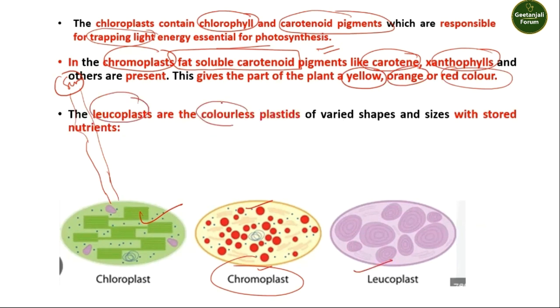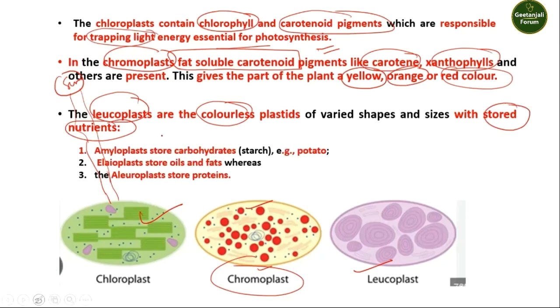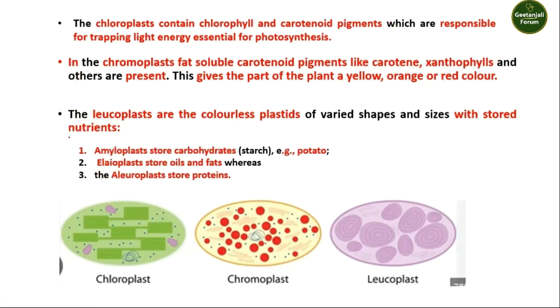They are colorless plastids. They don't have any type of color and they store nutrients. There are different types of nutrients present in the leucoplast. On the basis of the types of nutrients stored in the leucoplast, they are of different types. For example, amyloplast store carbohydrate like potato. Then elaioplast, they store oils and fats. Then aleuroplast, they store proteins.